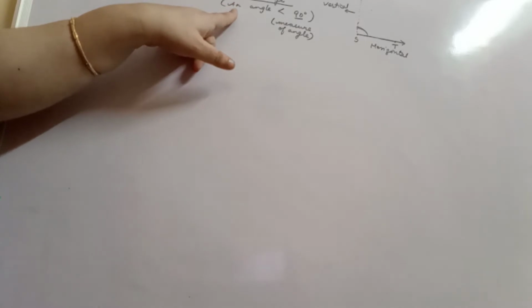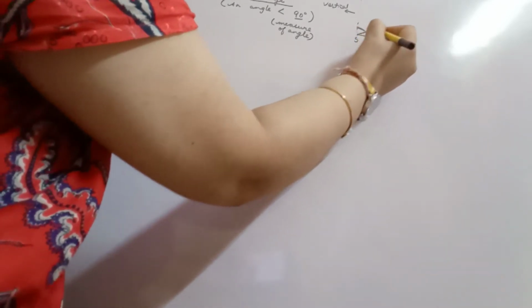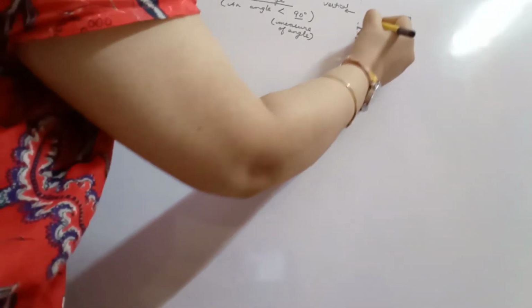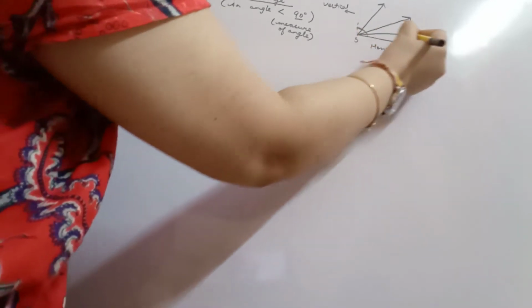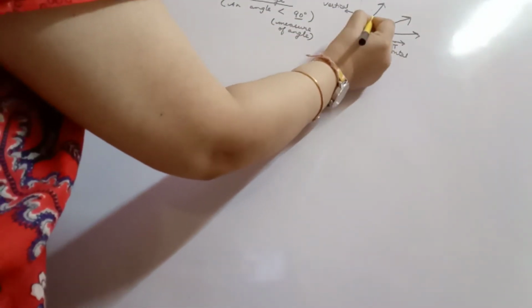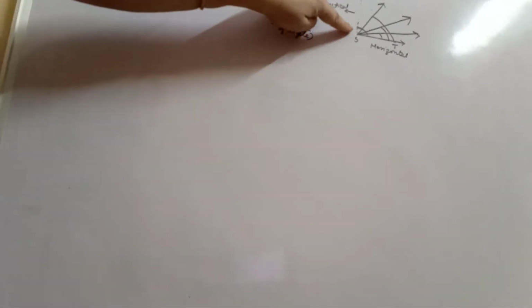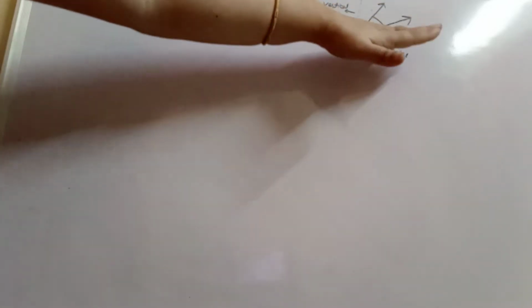Now it is saying that an acute angle is less than 90. So of course less than 90 would be, it can be here, it can be here, it can be here. All these angles would be acute angles. But it should be less than this vertical line. It should be lying this side.